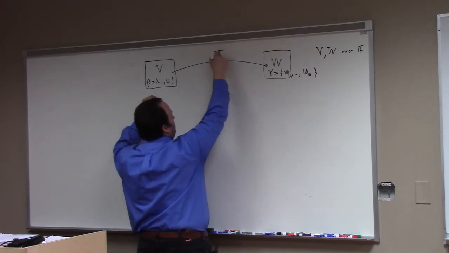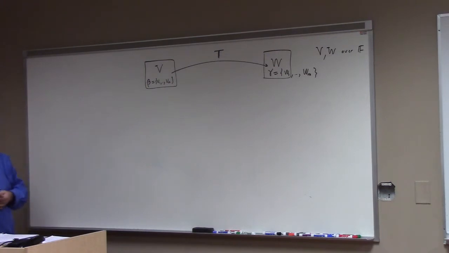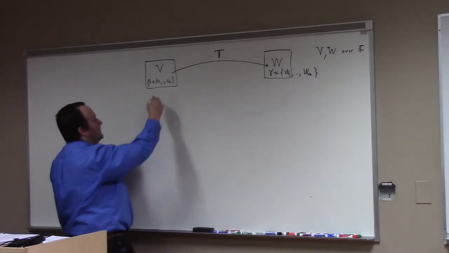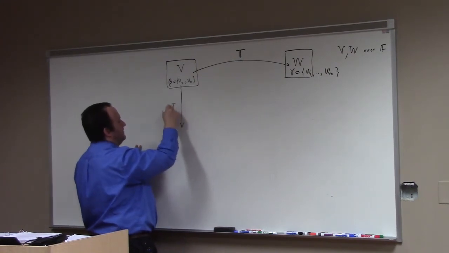And then I tried to describe for you guys in the video how we would calculate the matrix of such a linear transformation with respect to a given pair of bases. I'd just like to comment a little bit more on that. So we have a coordinate map phi beta.